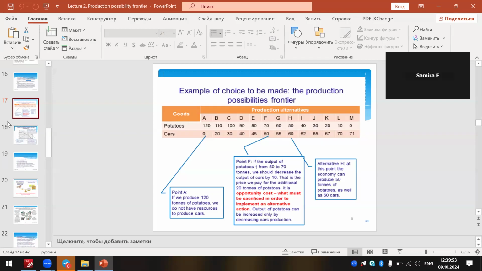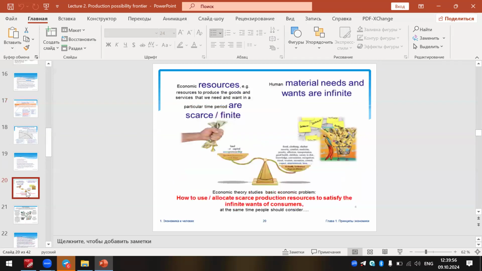Okay, so I also remind you that economic resources, the resources to produce the goods that we need and want at a particular time, are scarce, finite. And human material needs and wants are infinite. So economic theory always starts with the basic economic problem: how to use and allocate scarce production resources to satisfy the infinite wants of consumers.